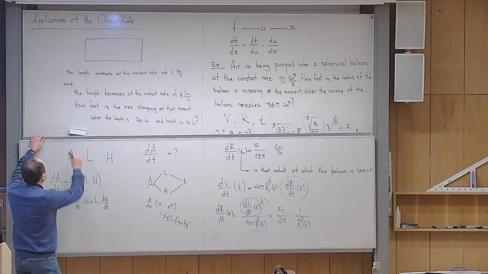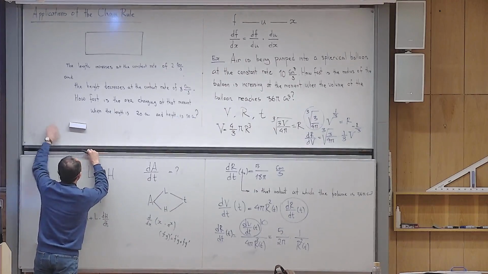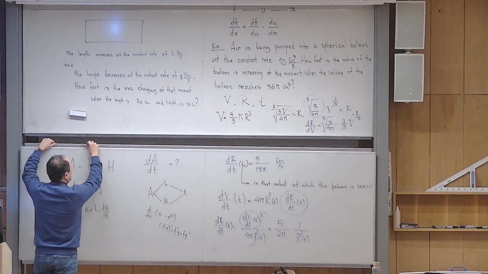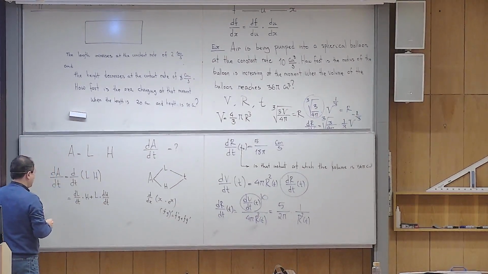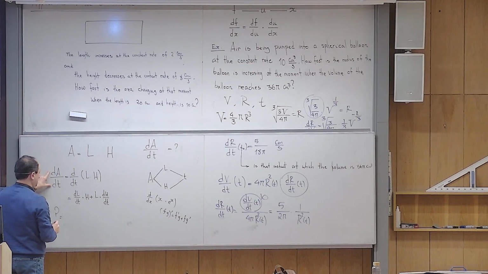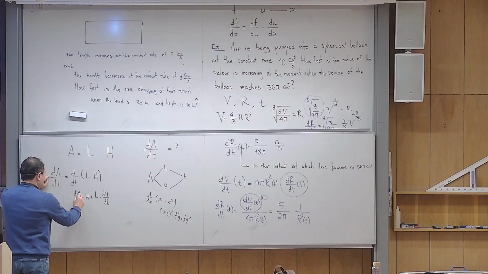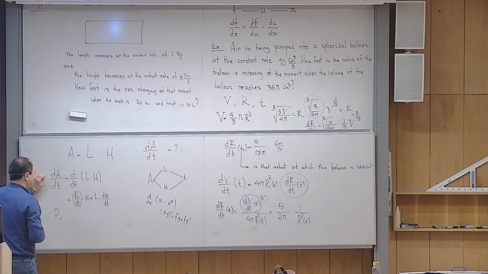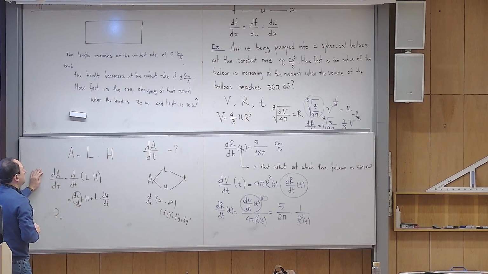So now everything is in order. So just read the problem once more and put the numbers in. This is my question mark. Okay. So the question mark is dA/dt is equal to. So can you tell me what is dL/dt by reading the question? The length increases at the constant rate of 2 centimeters per second.